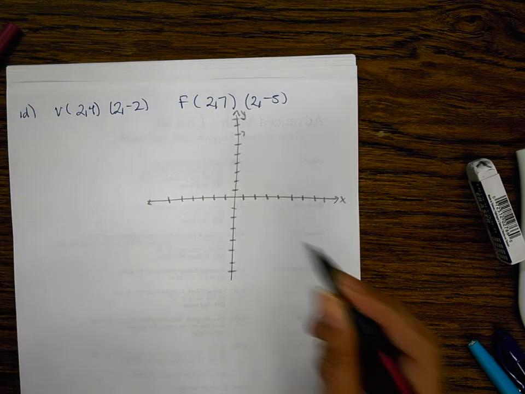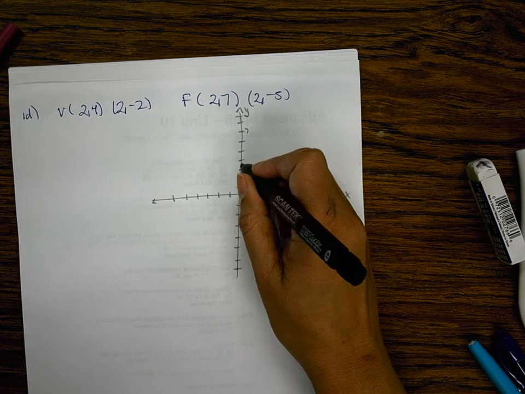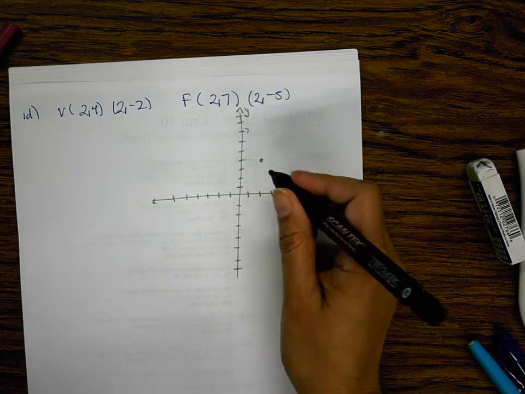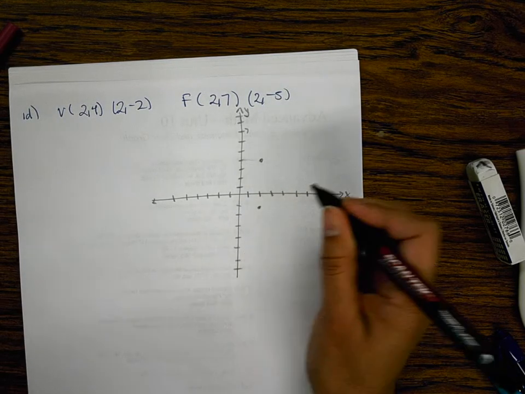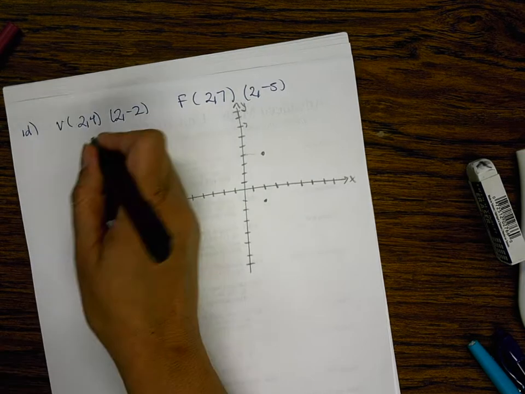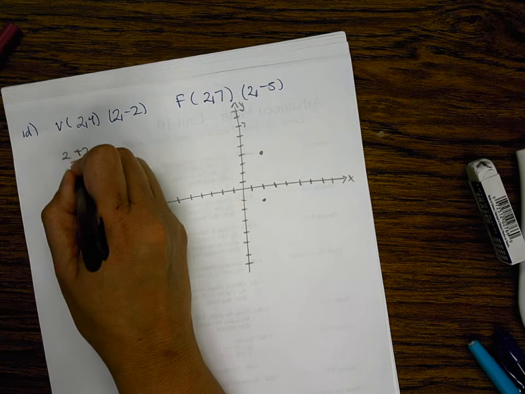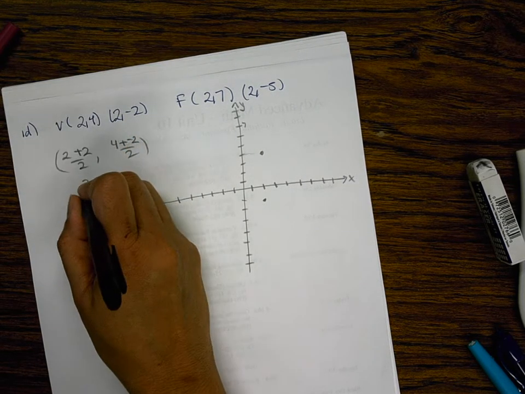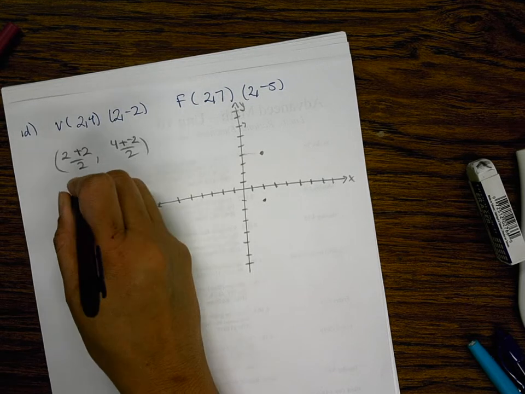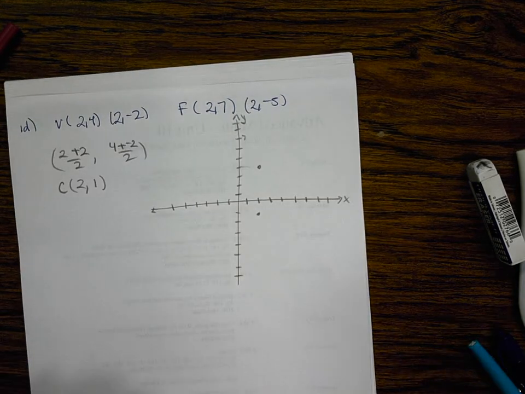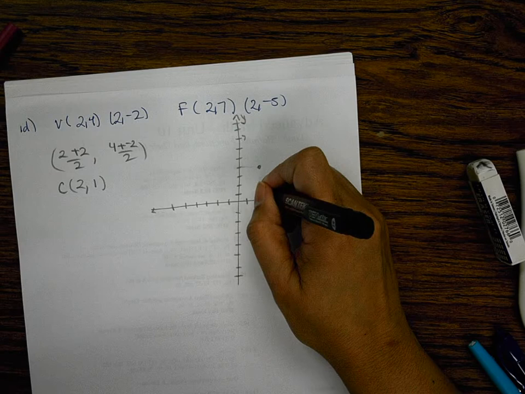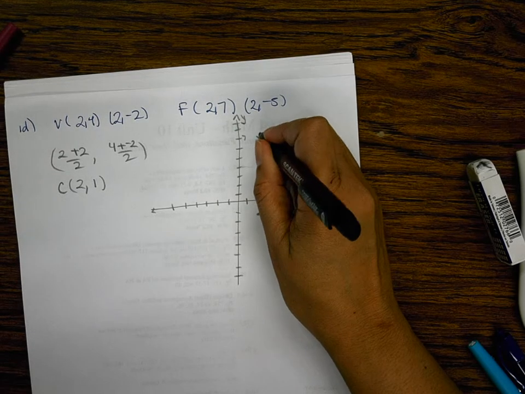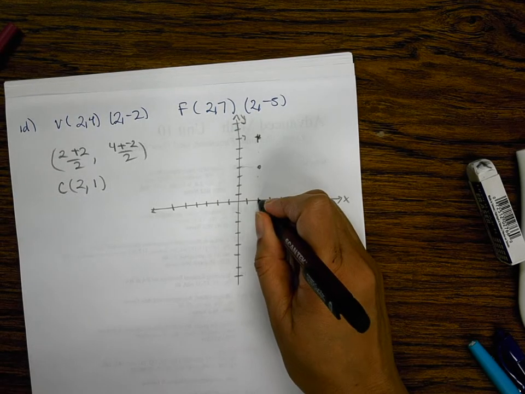All right, 2, 4, 2, negative 2, and that's enough right there to find the center. 2 plus 2 divided by 2, 4 plus negative 2 divided by 2, that gives you 2 comma 1. That's your center. And your foci are 2, 7, and put a star, and 2, negative 5.